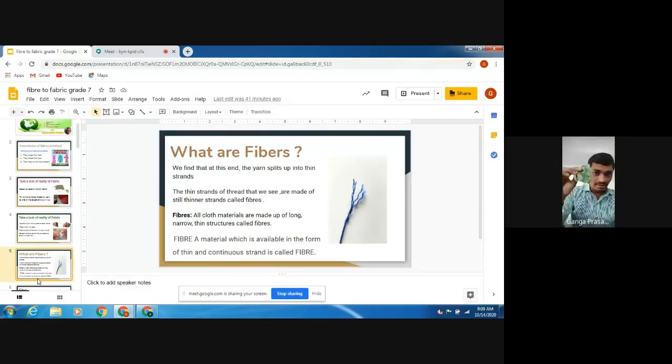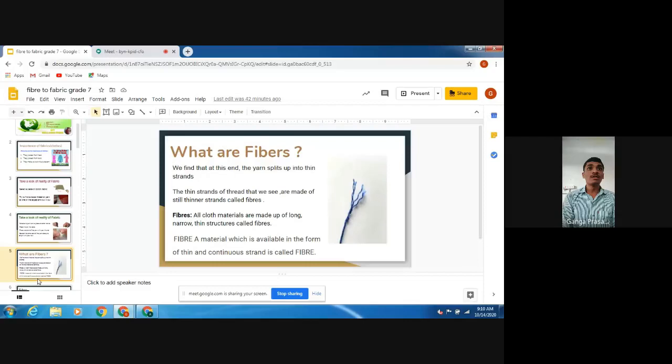A cloth material is made of long, narrow, thin structures. These structures contain little more thinner strands in them. So those strands are called fibers.